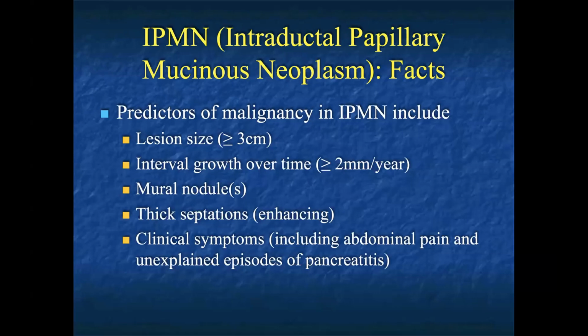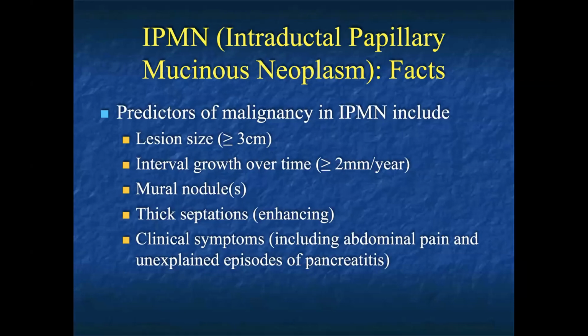If it has a mural nodule, that lesion's coming out. Anything with a mural nodule, your suspicion for malignancy is high, and those lesions, maybe they'll do EUS, but those lesions are always coming out. And very similarly, patients with thick septations within a lesion, surely if the lesion septations are enhancing, that's going to give you a resection as well.